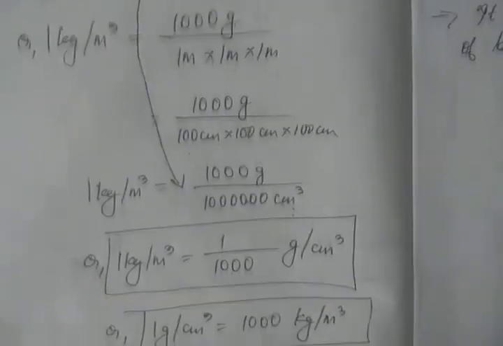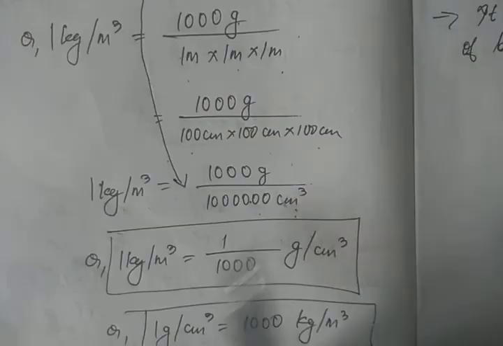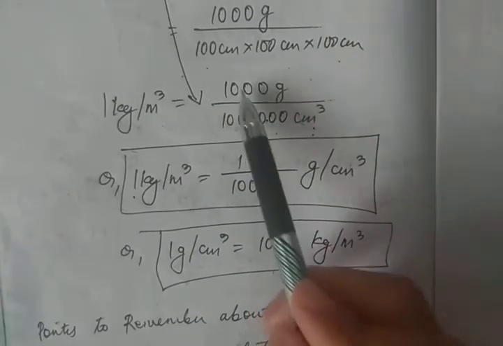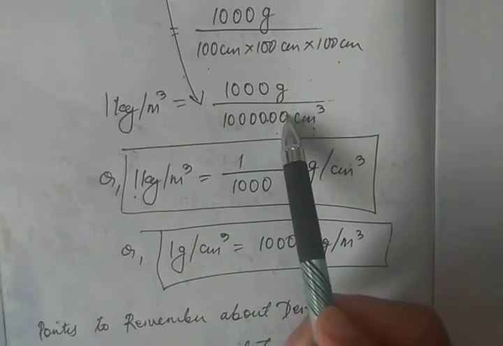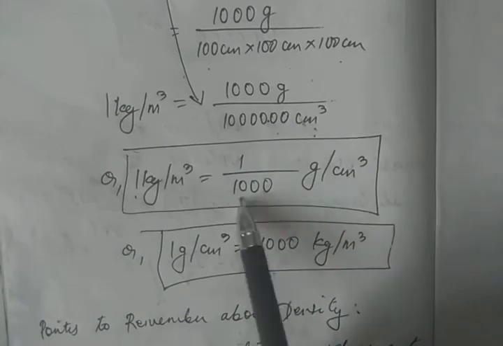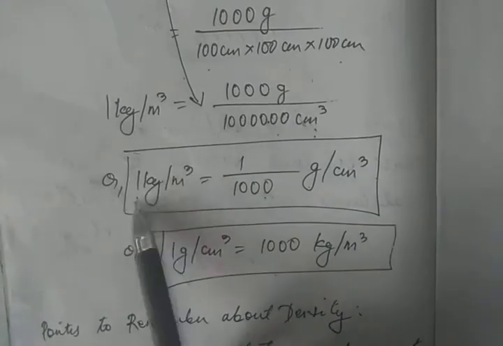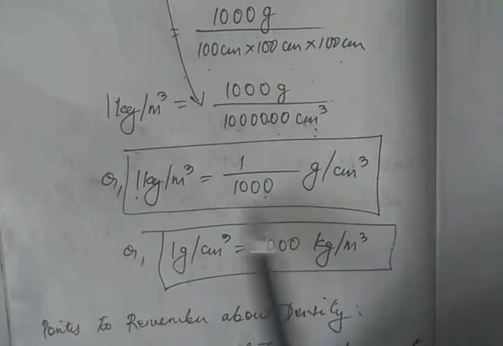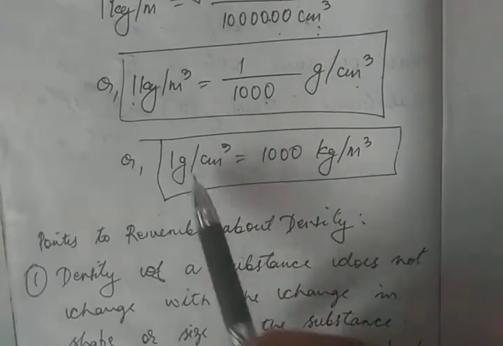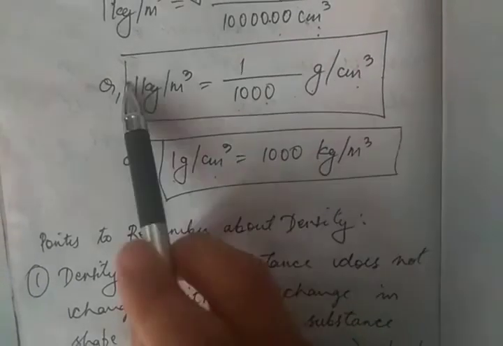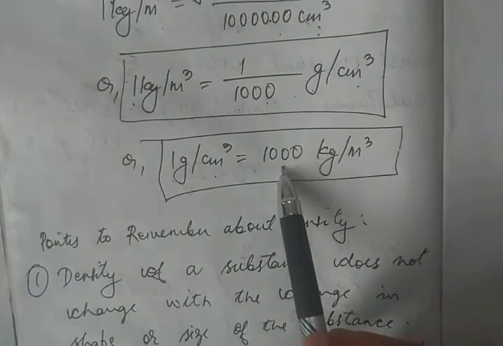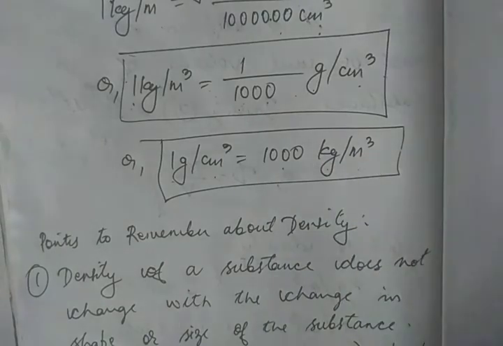So 1 kilogram per meter cube means 3 zeros divide each other, and we are left with 1 upon 1000 gram per centimeter cube. So 1 kilogram per meter cube means 1 upon 1000 gram per centimeter cube, or 1 gram per centimeter cube is this 1000 multiplying here, which becomes 1000 kilogram per meter cube.